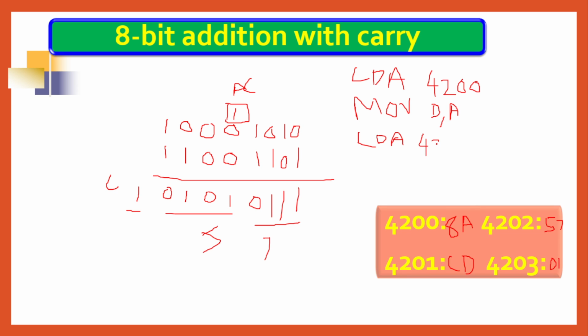At this point, the D register has 8A and the A register has CD. So we are performing 8A plus CD. We can do it both ways, because A plus B or B plus A are the same in addition.